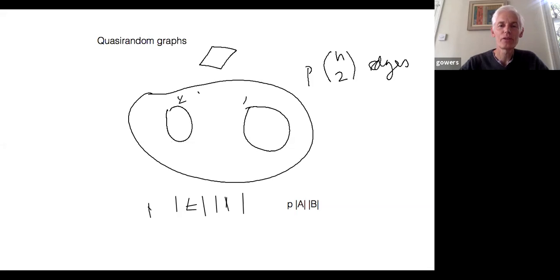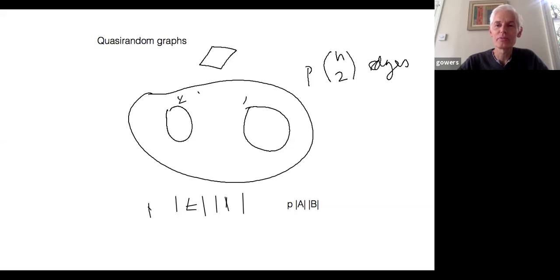So if you've got roughly P to the 4th times the maximum number of these that you could possibly have, it's not going to be n choose 4 because there's not a sort of symmetry between all the 4 vertices, but never mind. Then the graph is forced to look random.